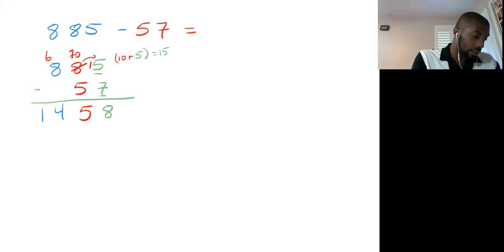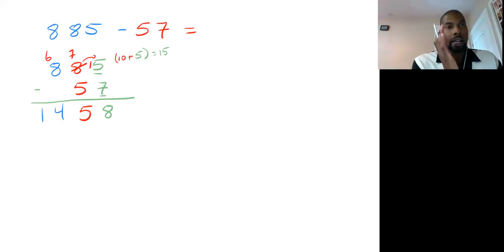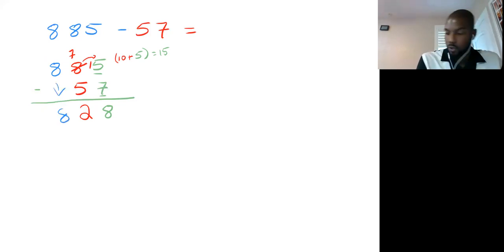The 70 should be a 7. So 7 minus 5 is 2, which in reality is a 20. There we go. So there's nothing that's carried over. You drop the 8, and it's 828. Sorry about that, I had a brain fart.